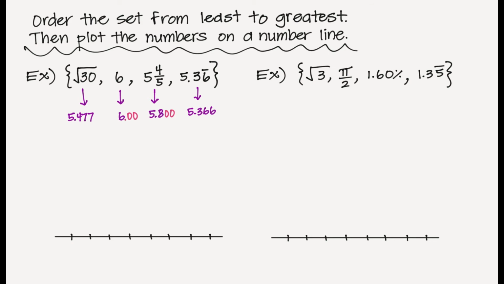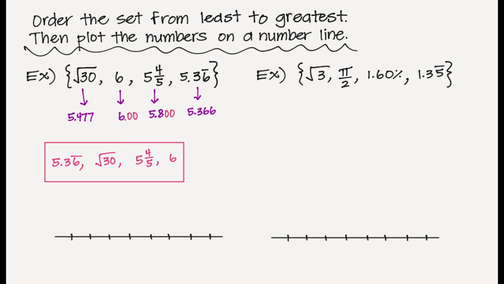For some students, it's helpful to add some zeros so that you can compare decimals. But when I do that, I can see that 5.36 with a bar over it would be the smallest decimal, followed by the square root of 30, and then the fraction 5 4/5, followed by the whole number 6. So now I have all four of these written in order from least to greatest. So now I can go ahead and plot these on my number line down below.